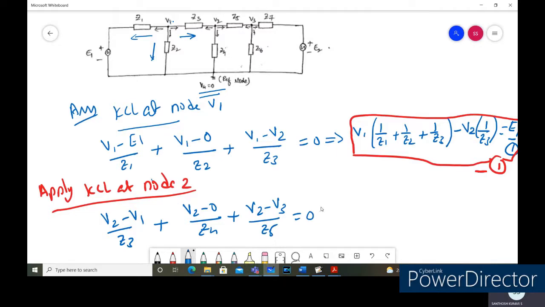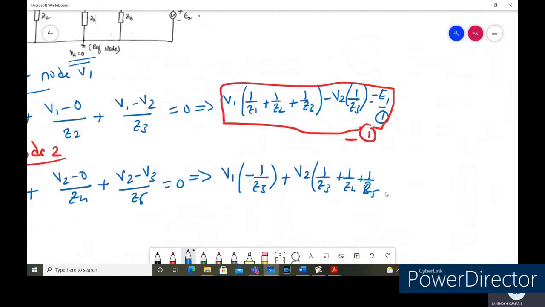So we simplify this one. For the node V1, the coefficient is minus 1 by Z3. For V2, the coefficient is 1 by Z3 plus 1 by Z4 plus 1 by Z5.